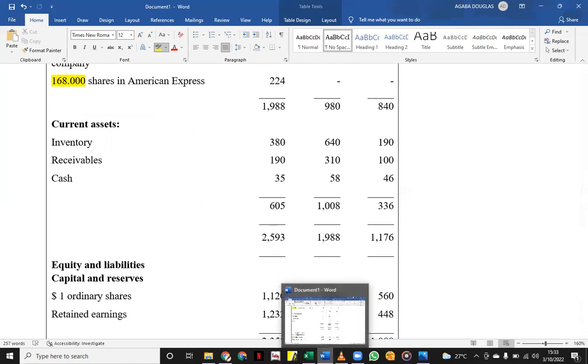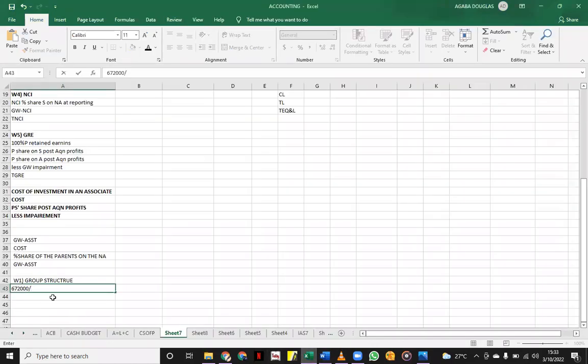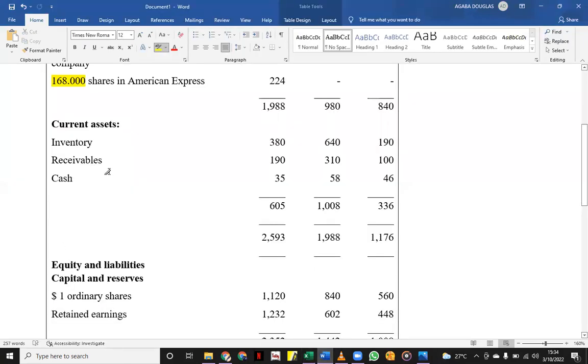Remember, the ordinary shares of a subsidiary or an associate will not change during acquisition and even after acquisition. Then we will multiply that by 100%. That means we have 80% for Guard.